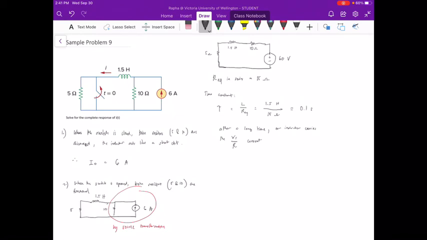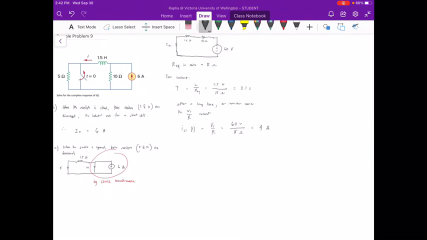So our steady state current Iss of t is equal to Vs over R. Our Vs then is equal to 60 volts over Req, which is 15 ohms. We have our steady state current to be equal to 4 amperes.